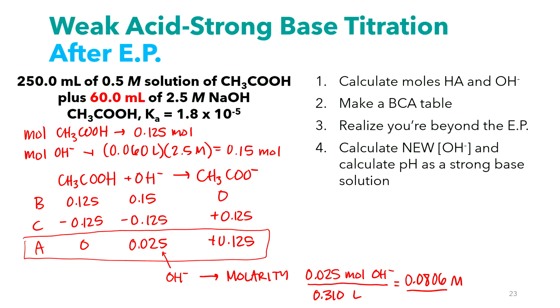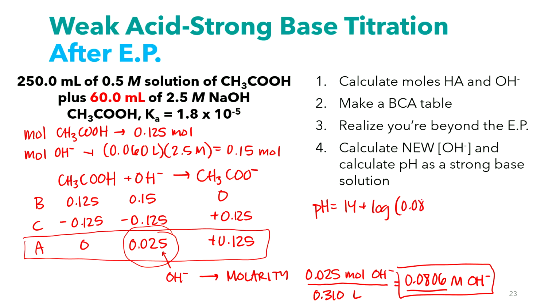So my pH is primarily dictated by the fact that I have all of this excess OH minus added in. Okay, so now I can take this and say my pH equals 14 plus the log of that number. And that is 12.91.